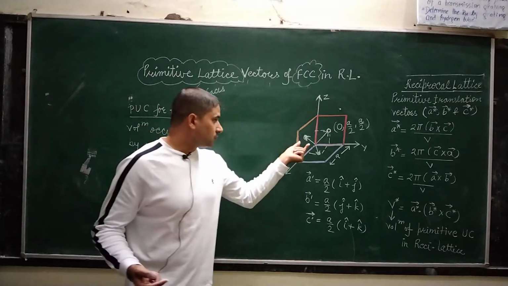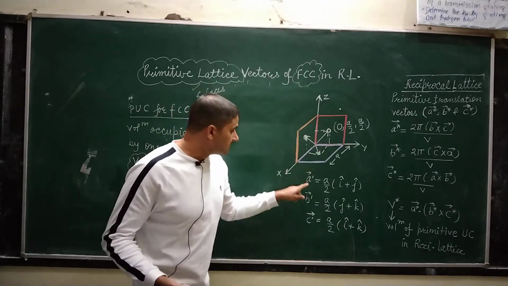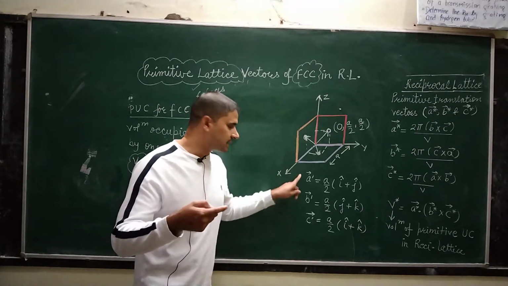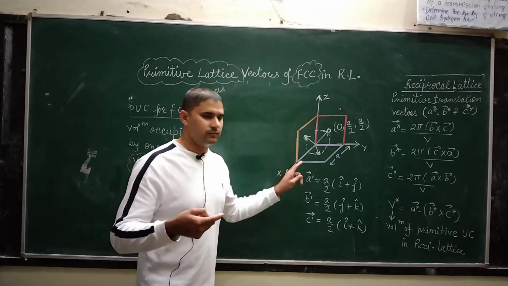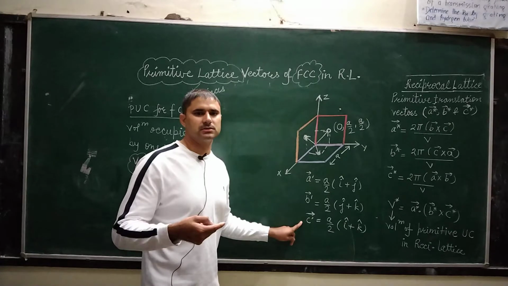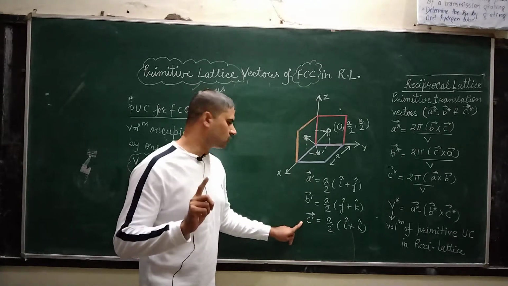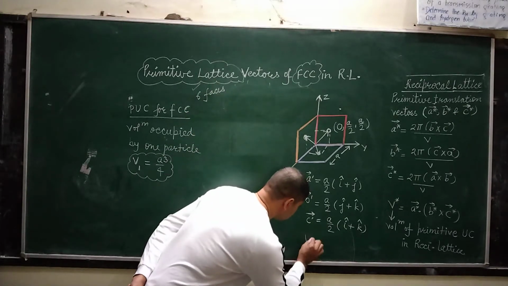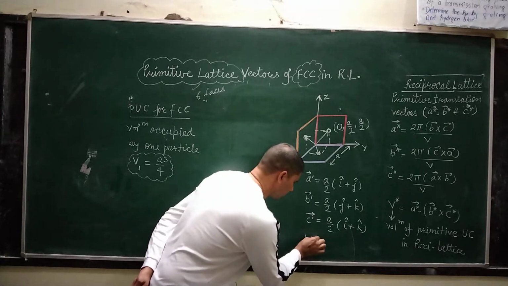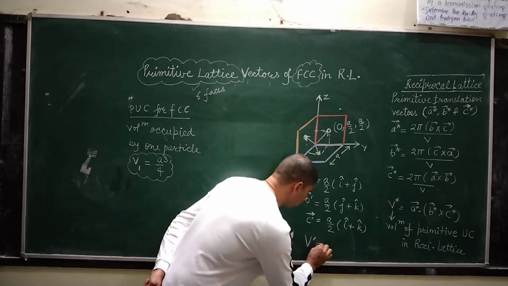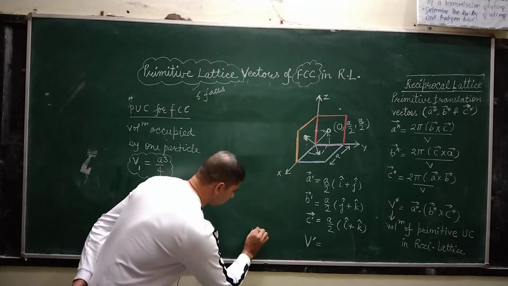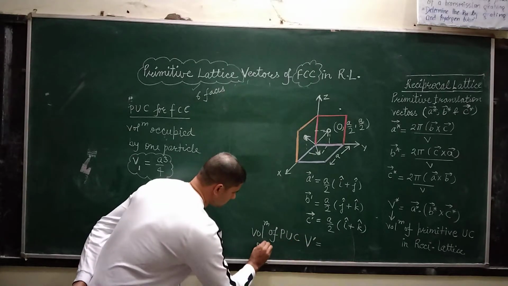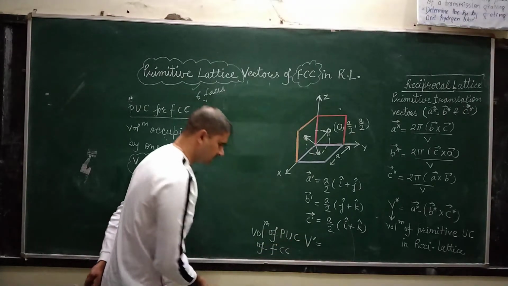If you define a unit cell using these vectors, that will be primitive, because the number of particles inside this unit cell, defined by these primitive translation vectors, will be 1, and the volume occupied will be A cube by 4. You can see it by taking, let me represent it by V dash, the volume of the primitive unit cell of FCC.